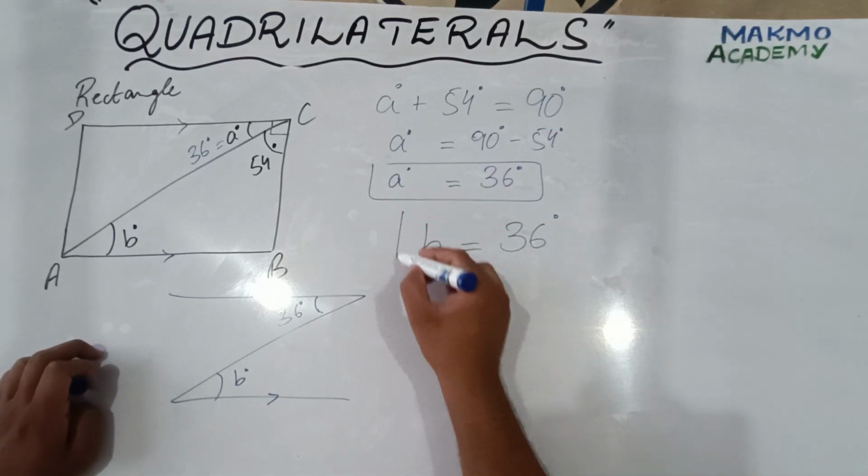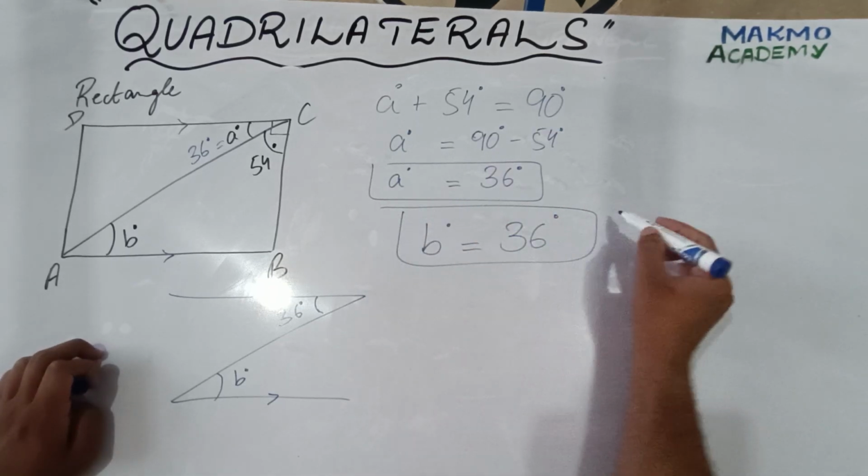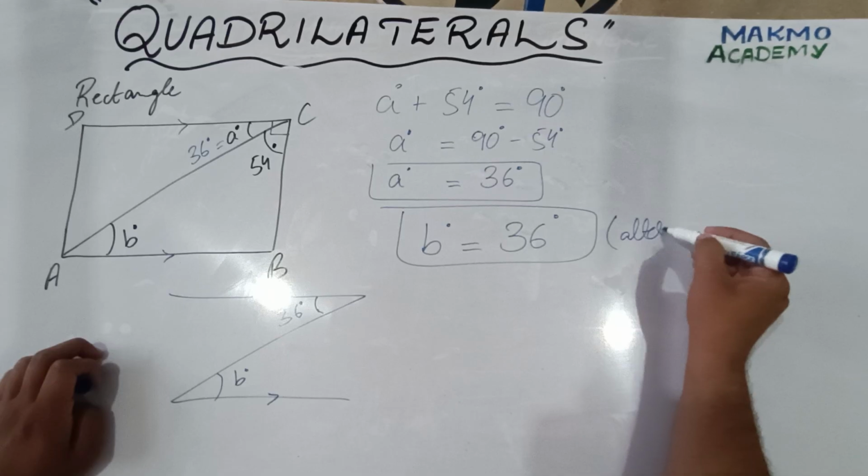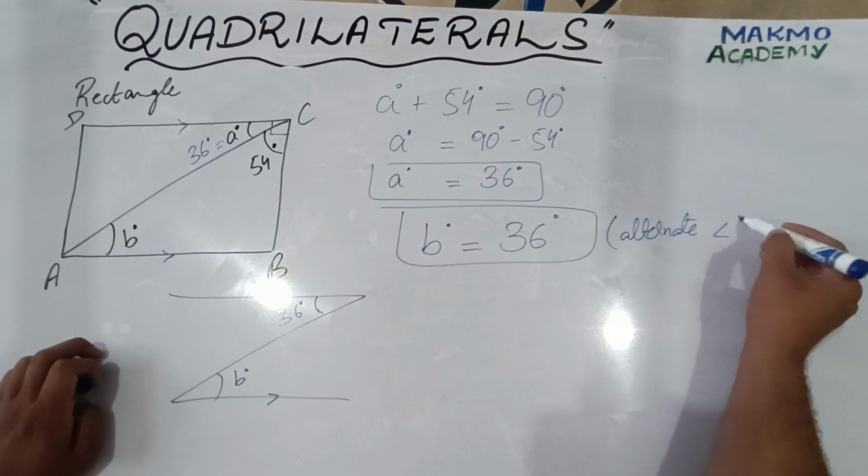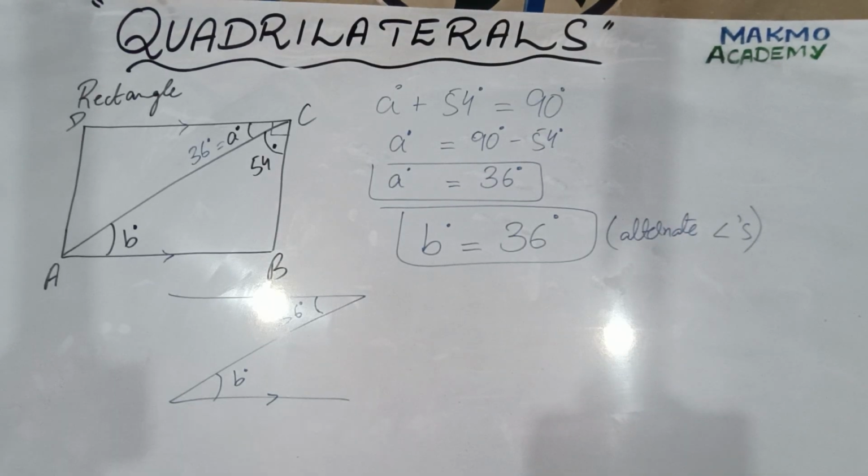So B is equal to 36, and you can write the reason as well: alternate angles. This is how simple it is to find the value of an unknown angle in a rectangle.